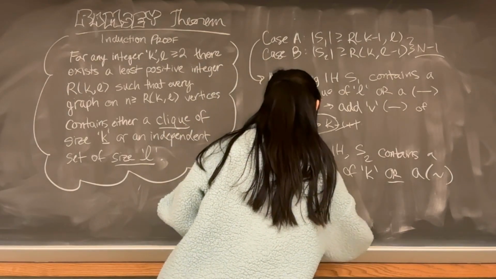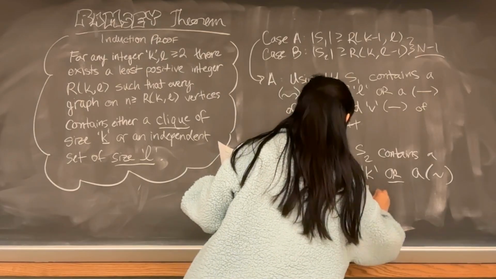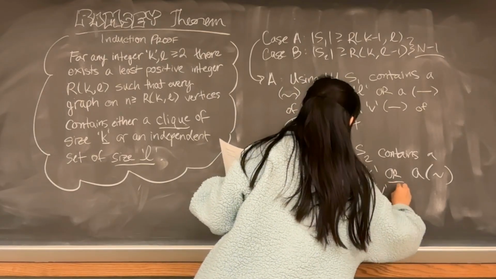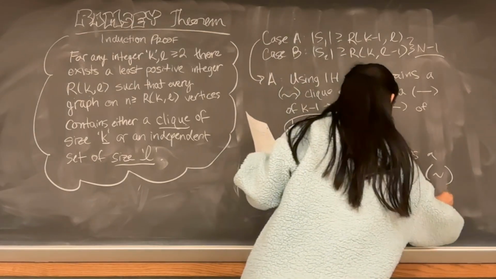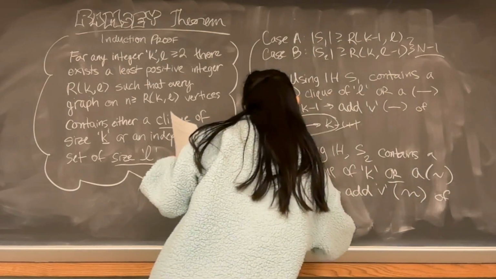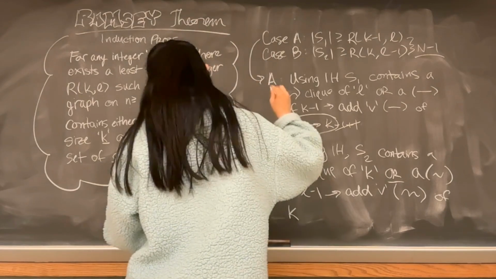And then if we were to just add v back in, this will be a squiggly clique of L for similar reasons as the above.